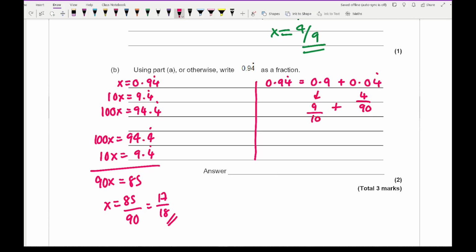So then if we get a common denominator by multiplying the first fraction by 9, we get 81 over 90 plus 4 over 90, which equals 85 over 90, which equals 17 over 18. So our final answer, whichever way you prefer to do it, is going to be 17 over 18.